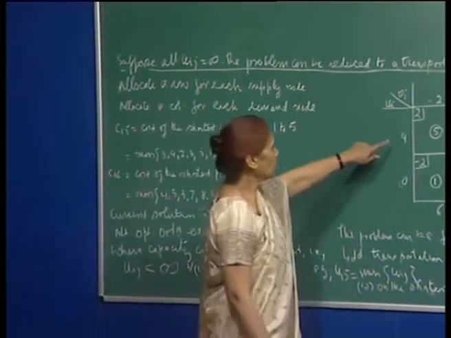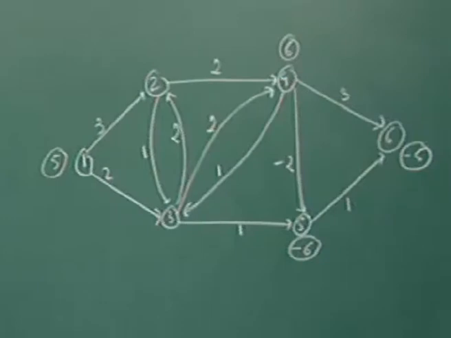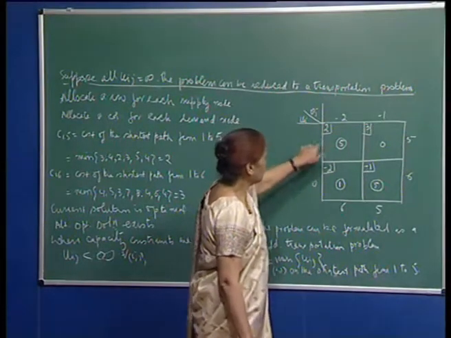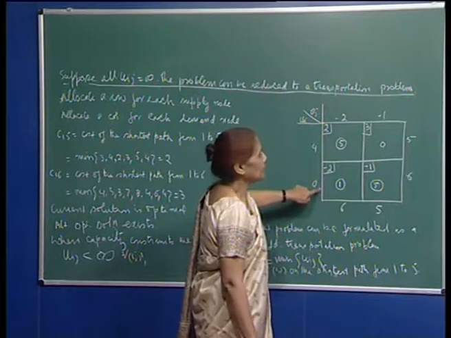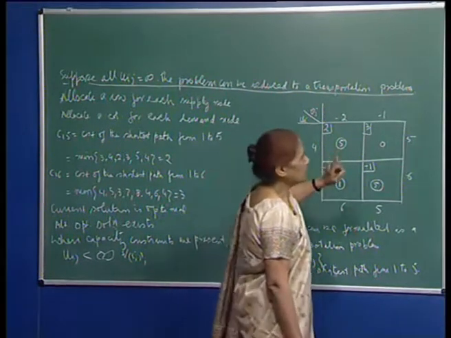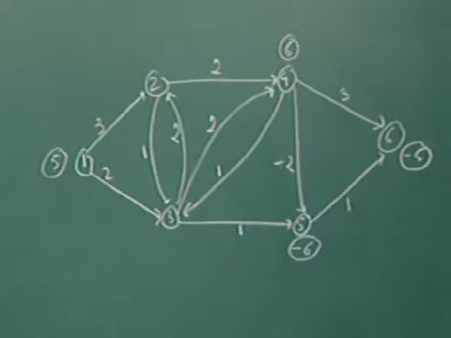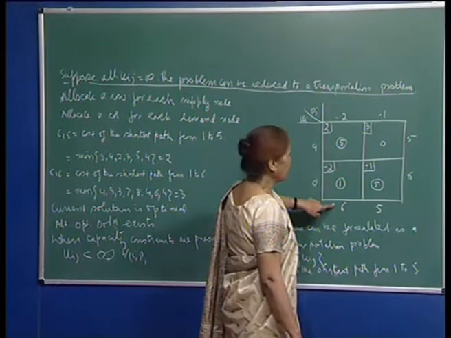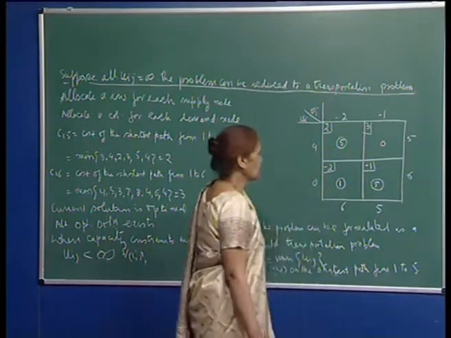For example, nodes 1 and 4 are the supply nodes, so one row for node 1, another row for node 4, and nodes 5 and 6 are the demand nodes, so this column is for node 5, and this is the column for node 6.